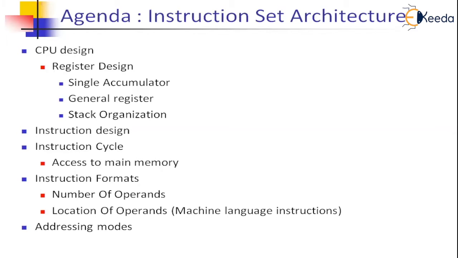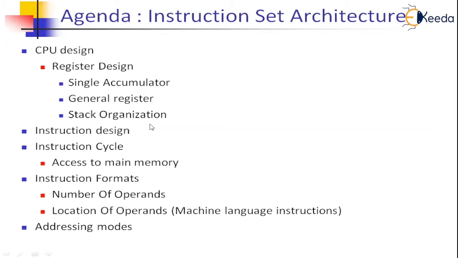That is, the instruction should be stored within the CPU as long as it takes to execute. For that, we need to provide a register set. This register set can be organized in multiple ways. There are several ways to organize your register set, either single accumulator, general register, or stack organization.